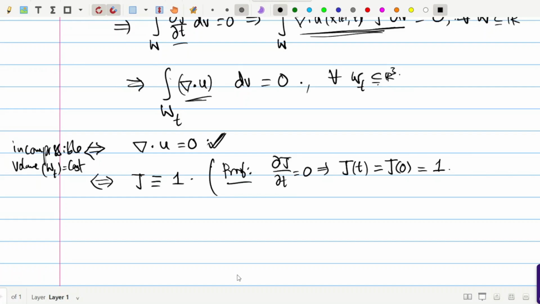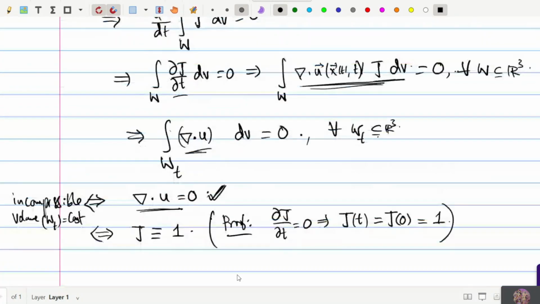So dou x by dou x, similarly dou y by dou x, dou z by dou x. In the first row you get 1, 0, 0, right? Finally, the determinant is the determinant of I. So that is why it is 1. Is it fine? This is because del dot u equal to 0, okay?